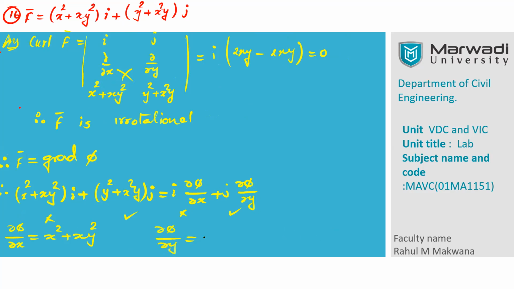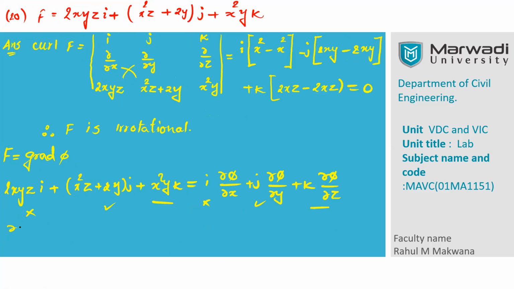Del phi by del y is y square plus yx square. And in the third, comparing the coefficient of i to both sides, coefficient of j to both sides, and coefficient of k to both sides.